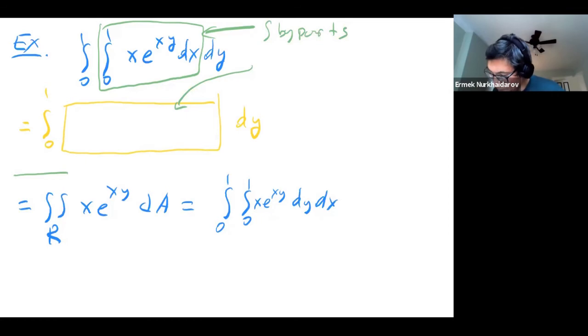Why does that help? Because if you do the substitution u equals x times y, the antiderivative of x times e to xy with respect to y is e to xy.